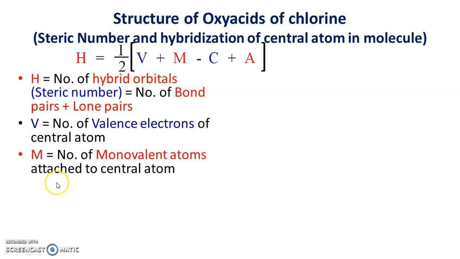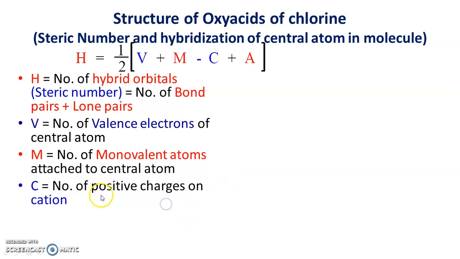Now what is M? M is the number of monovalent atoms attached to the central atom. In oxyacids of chlorine, chlorine is the central atom and it is attached to oxygen. Oxygen is not a monovalent atom. What is C? C is the number of positive charges on the cation. C stands for cation.